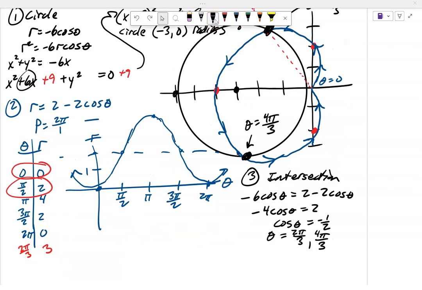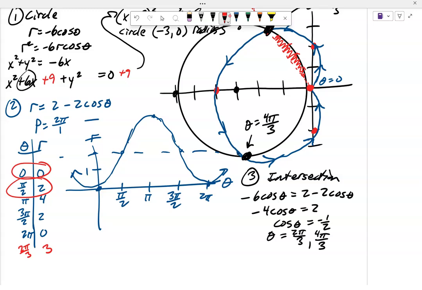So now I'm looking at my circle. It has this point: when theta is pi halves, my r is 0. And it goes around until theta is 2 pi thirds, right there where they both meet. So I'm going to find the area of the circle from pi halves to 2 pi thirds.